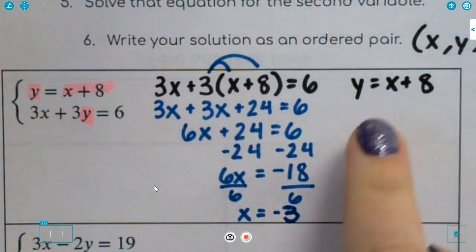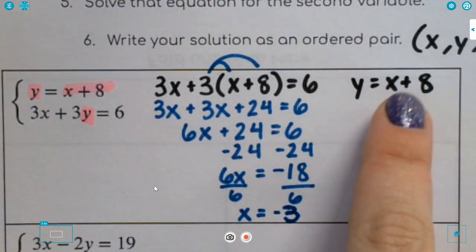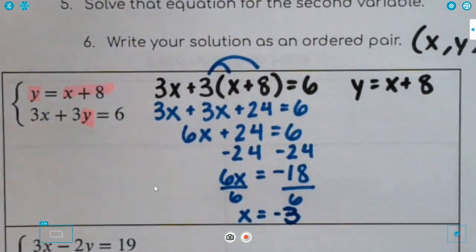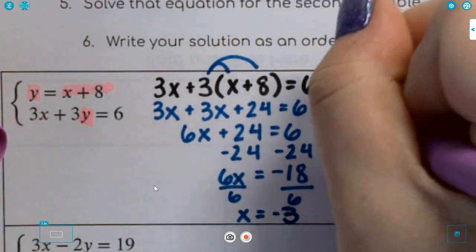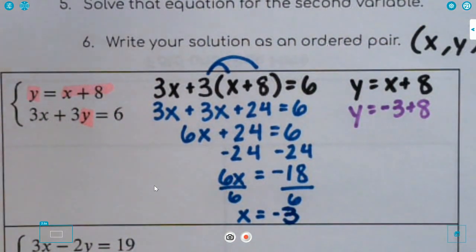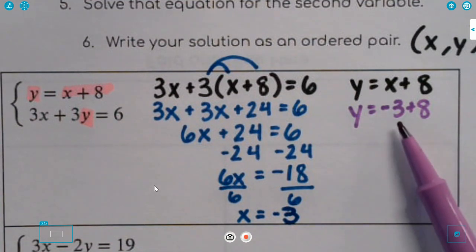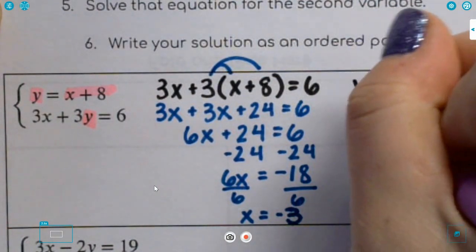Now that I know that y equals x plus 8, and I also know that x equals negative 3, I can plug this negative 3 in right here for that x. So I will have y equals negative 3 plus 8. Thank you. And then we'll solve that out. Negative 3 plus 8 is 5, so I get y equals 5.